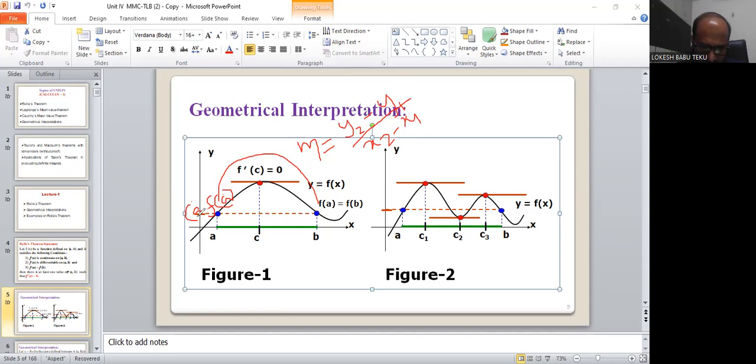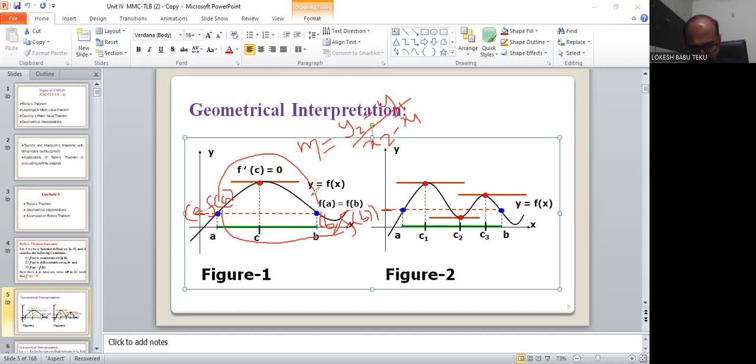Let us suppose this is x1, y1, and here B comma f of B. Now observe this: A comma f of A, B comma f of B. But here f of A equals f of B, the third condition.